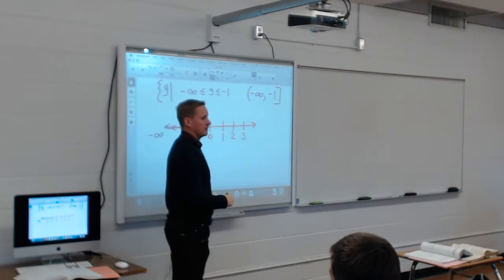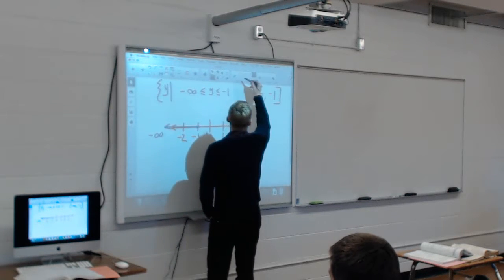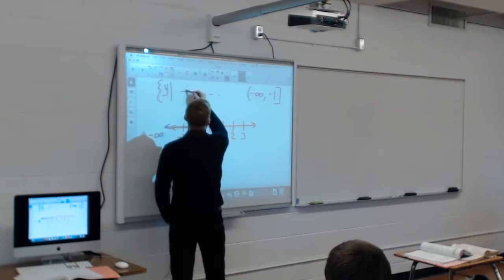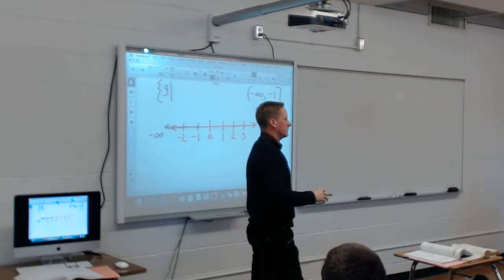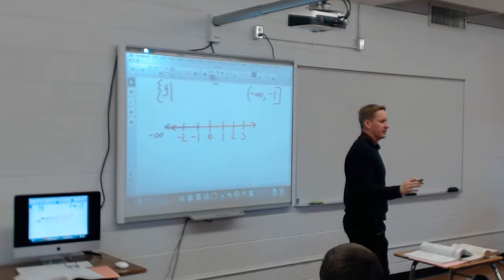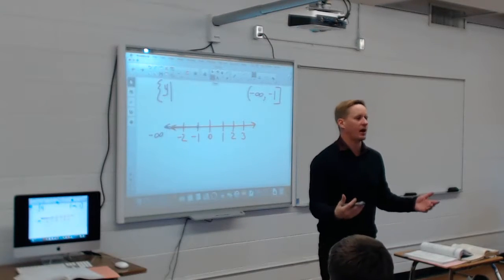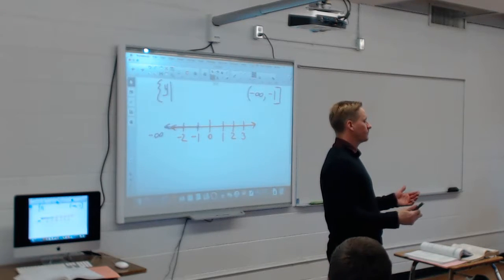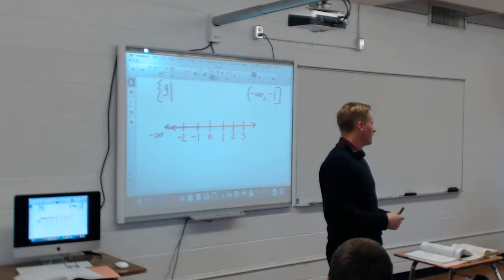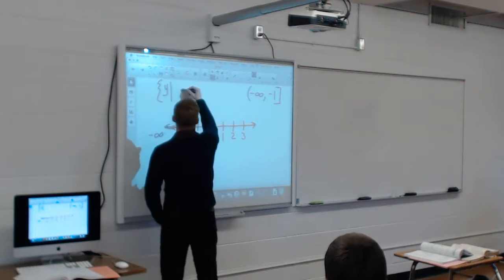That works, but I would mark that incorrect. The correct way is a little bit smoother. I don't want to put the infinity value in there. This is why I ask you how you describe it in words. Jake? You just put y is less than or equal to -1. Yes, that's all you have to put.